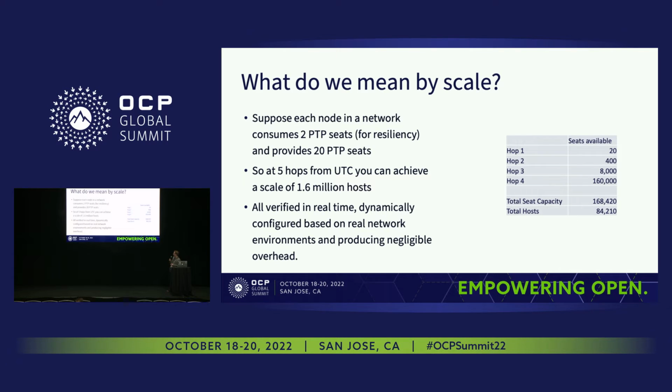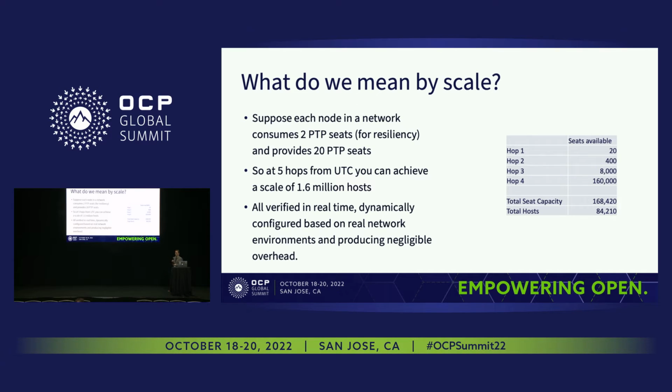So if we consider how well we can scale with this, a traditional grandmaster clock tends to be around 2,000 end node unicast sessions per device. Now, that's not overly scalable. So what we've done is slightly different. We've democratized the grandmaster, and we've included the host devices to operate as grandmasters and followers as well.